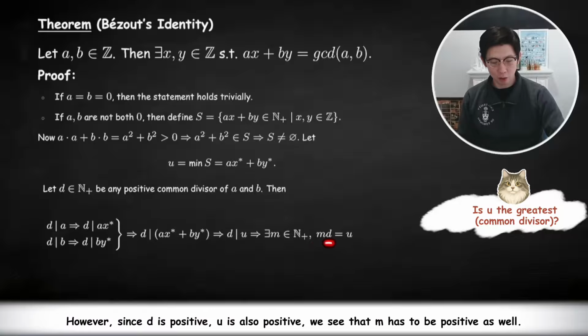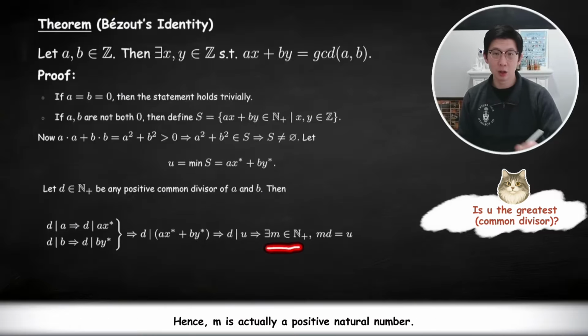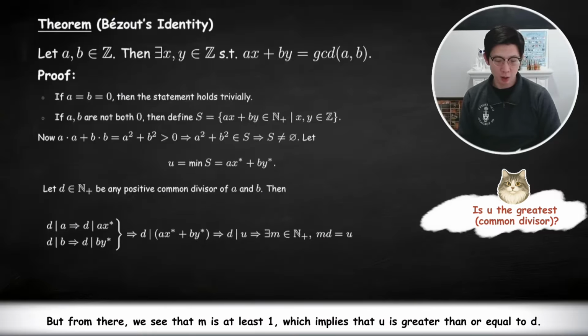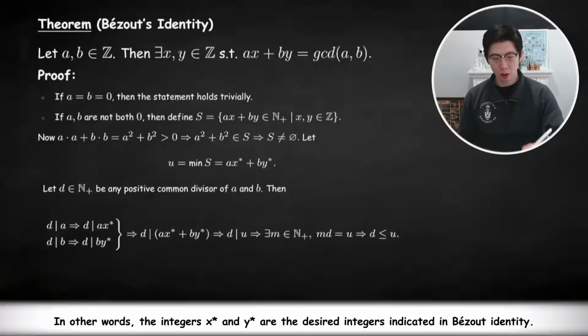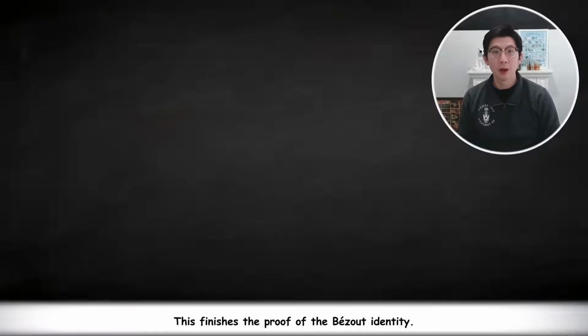However, since d is positive and U is also positive, we see that m has to be positive as well. Hence, m is actually a positive natural number. But from there, we see that m is at least 1, which implies that U is greater than or equal to d. In other words, the integers x star and y star are the desired integers indicated in the Bézout identity. This finishes the proof of the Bézout identity.